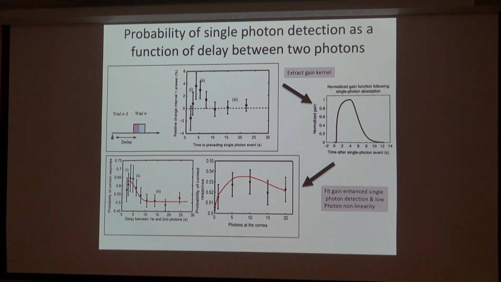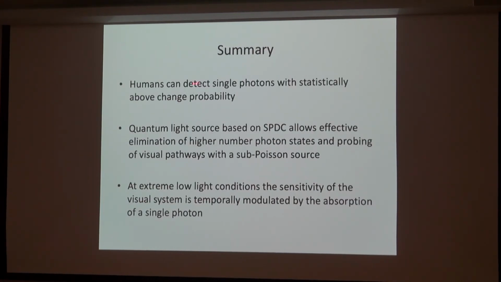So in summary, I showed you that we believe humans can detect single photons with statistically above-chance probability. The quantum light source based on spontaneous parametric down conversion allows an effective elimination of the higher photon number states, basically allows us to create sub-Poissonian sources, and that allows us to probe visual pathways in a way that wasn't possible before.